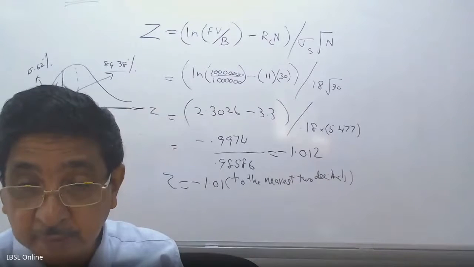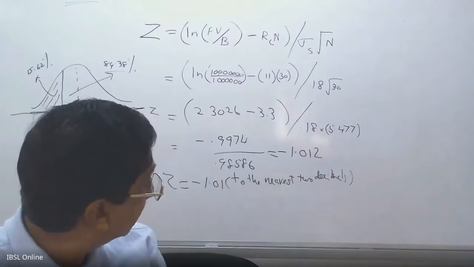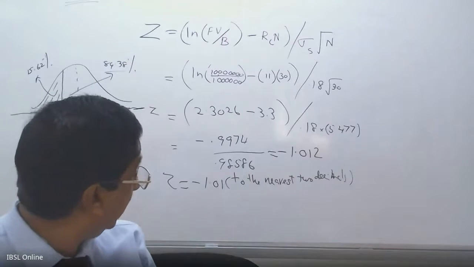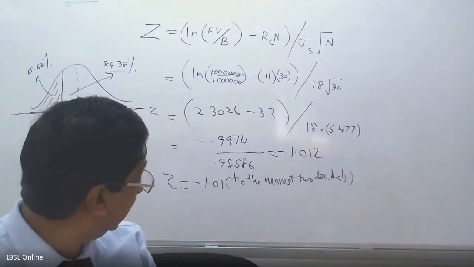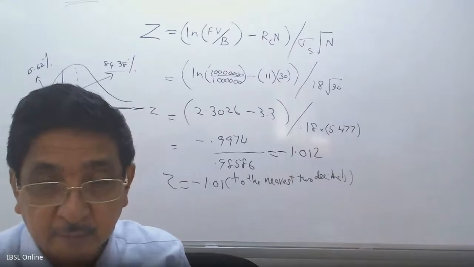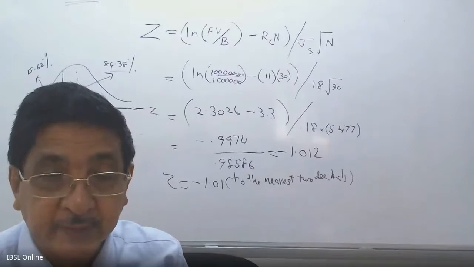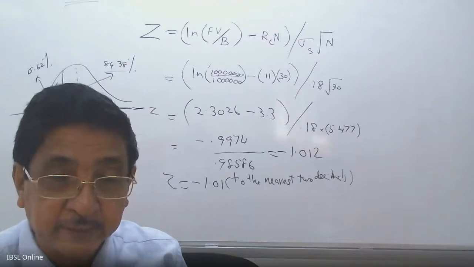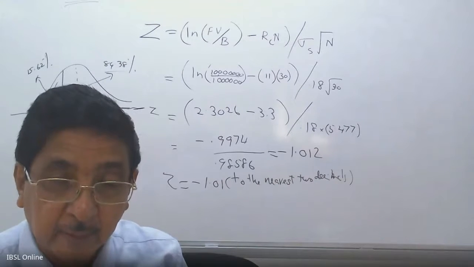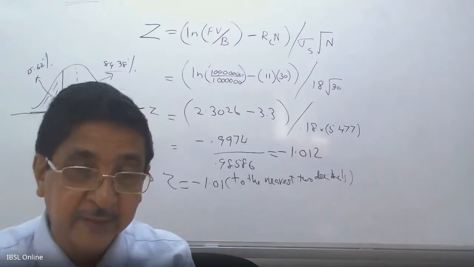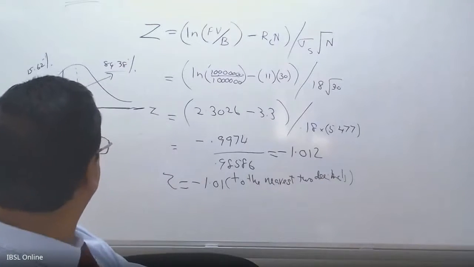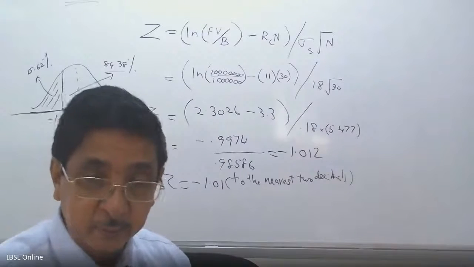So to 3 decimals it is that, and if I get it to the nearest 2 decimals, it is minus 1.01. So with that, we did the calculation through the normal curve tables. Under the normal curve tables, we found it as 15.62.